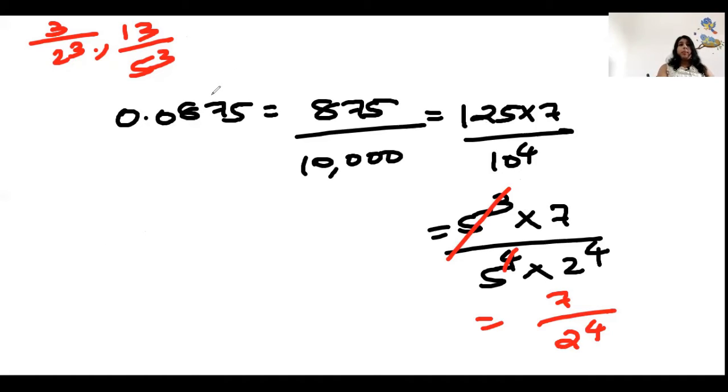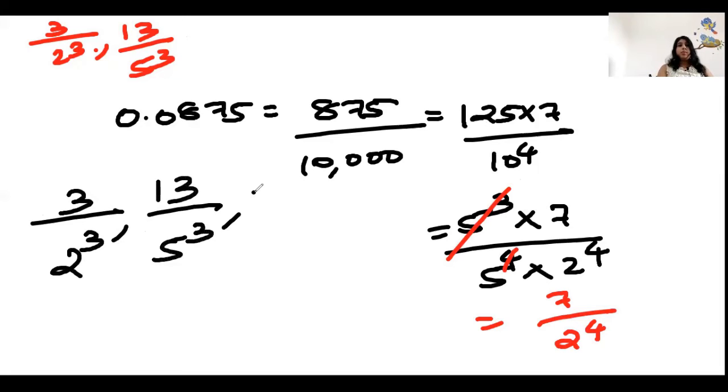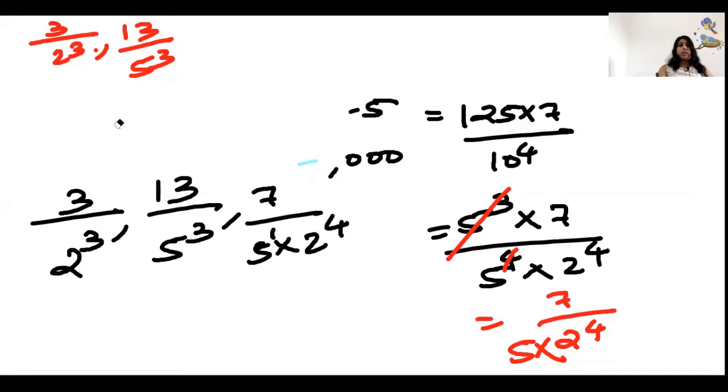So now I am writing the answers: before, 3 by 2 cube, 13 by 5 cube, and 7 by, sorry, 5 into 2 raised to 4. I am rubbing out the other things here.